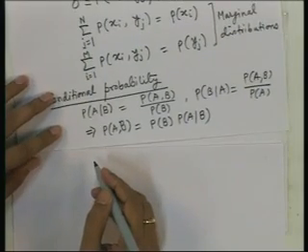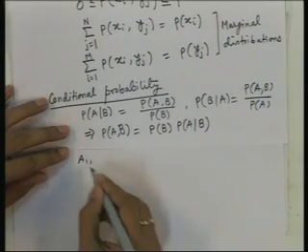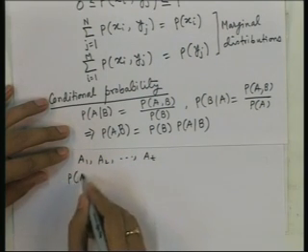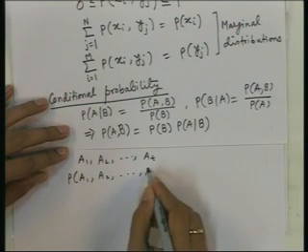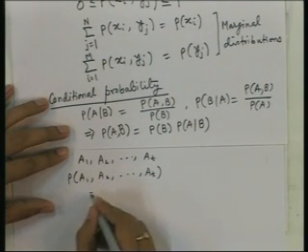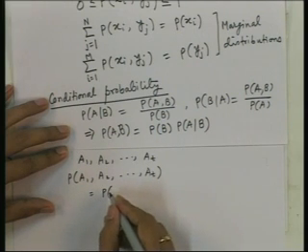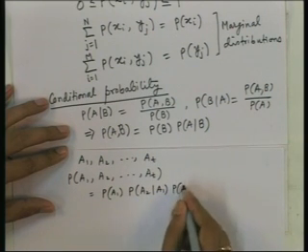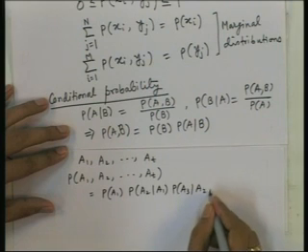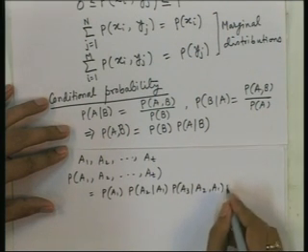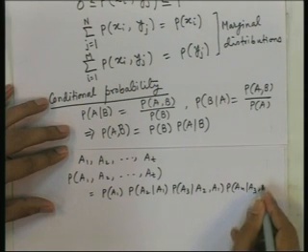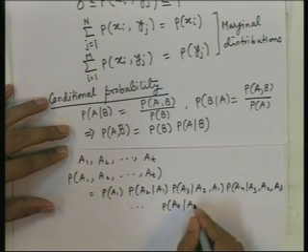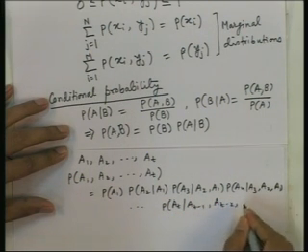The generalization is, if you have now T events A1, A2, up to AT, one can show that this probability is probability of A1 times probability of A2 given A1, probability of A3 given A2, A1, probability of A4 given A3, A2, A1, and so on till probability of AT given AT minus 1, AT minus 2, and so on till A1.